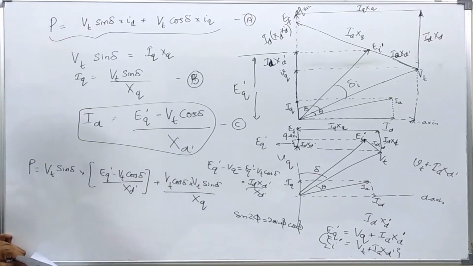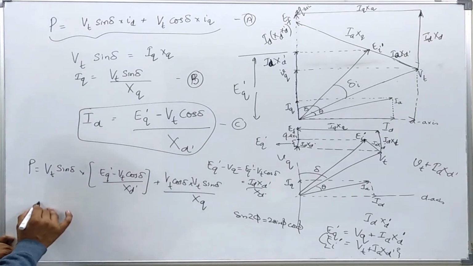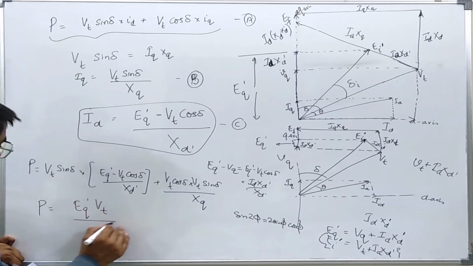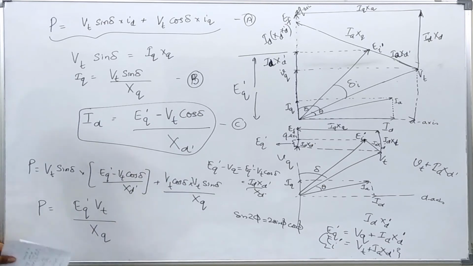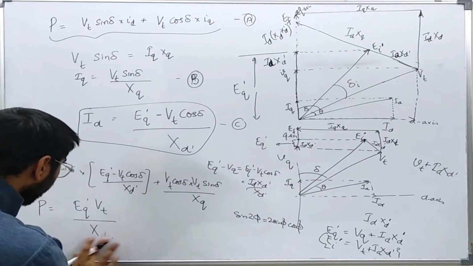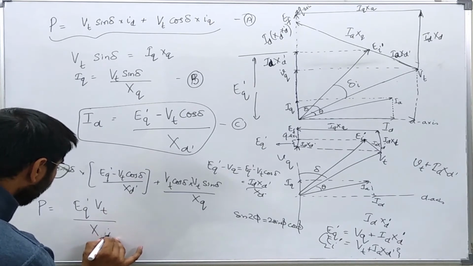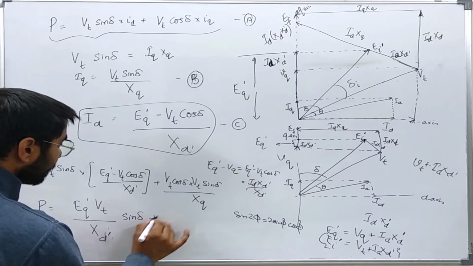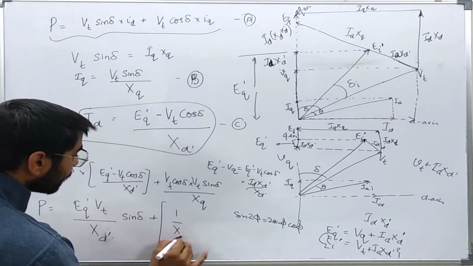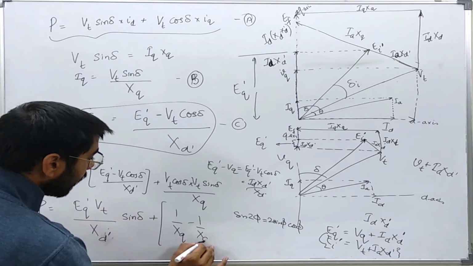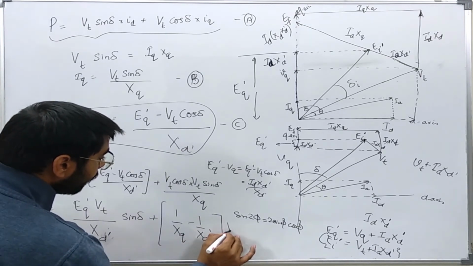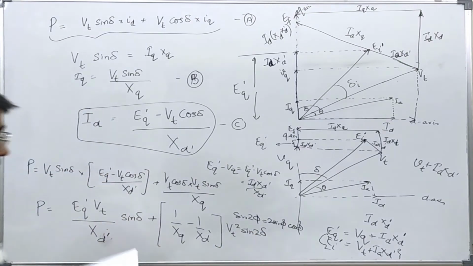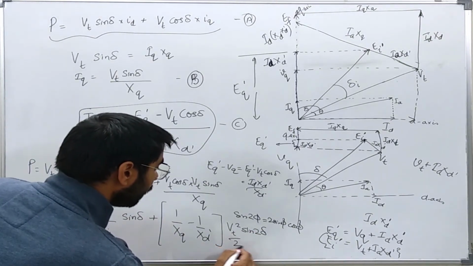Using this identity I can further simplify it as EQ dash VT over XD dash sin delta plus (1 over XQ minus 1 over XD dash) VT square sin 2 delta over 2.